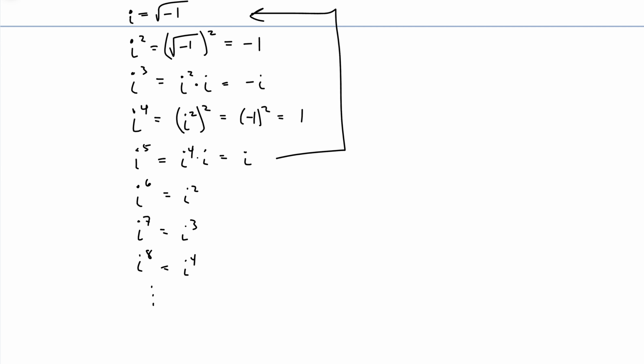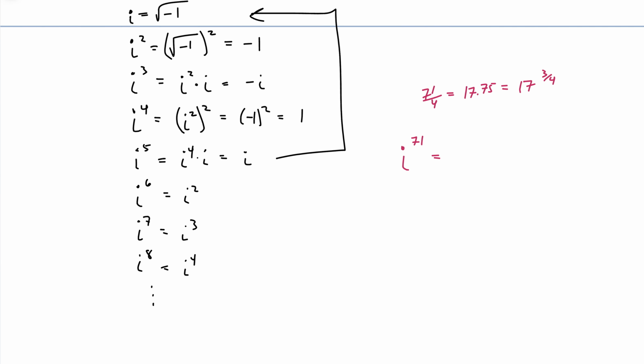As an example, let's say I want to do i to the 71st. The question becomes, how many times does 4 go into 71? 71 over 4 becomes 17.75, or as a mixed number, 17 3/4.